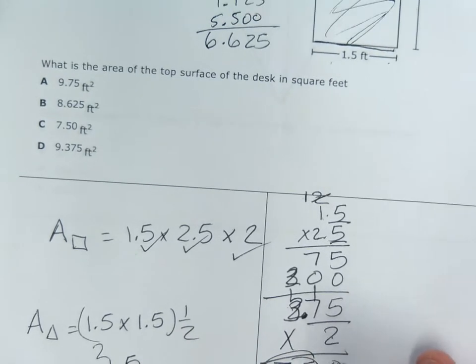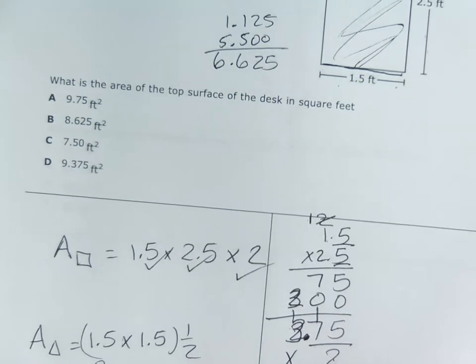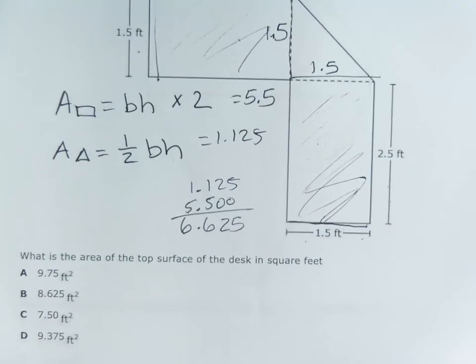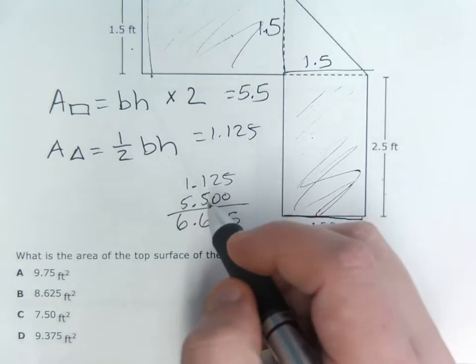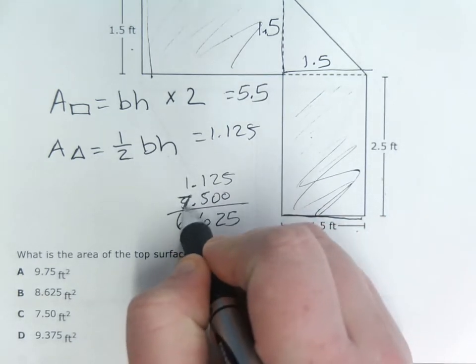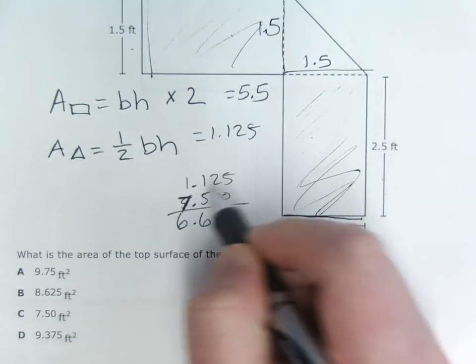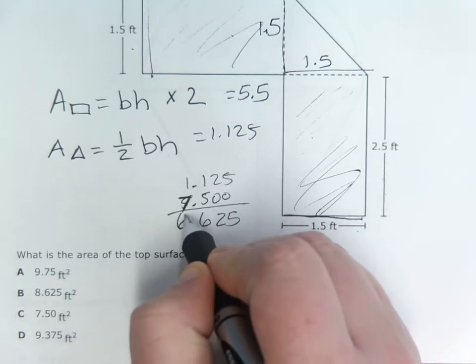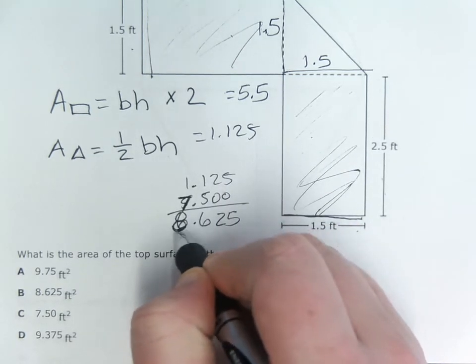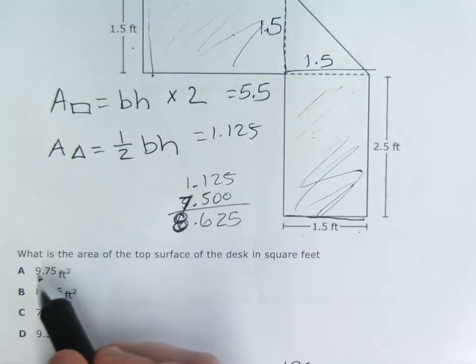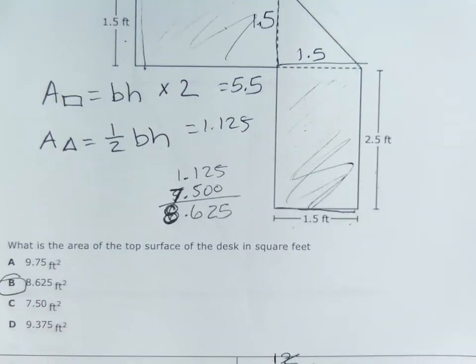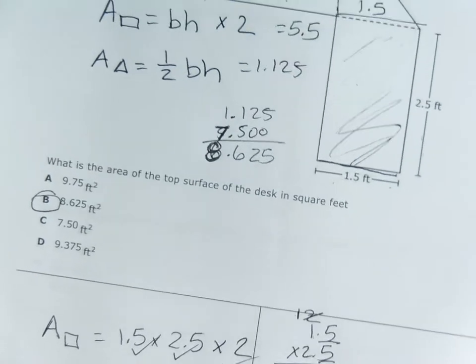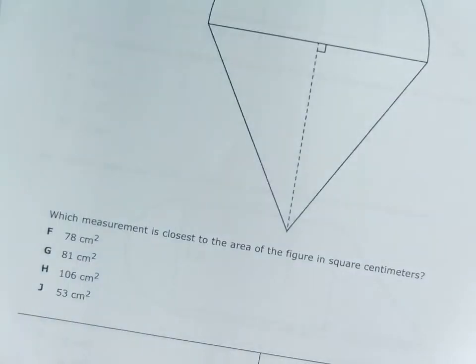So it should be 7.5 plus 1.125. So 5, 2, 6, 7 plus 1 is 8. There we go. So it's 8.625, which is B. Okay. Sorry about that, guys, but at least I caught my mistake.